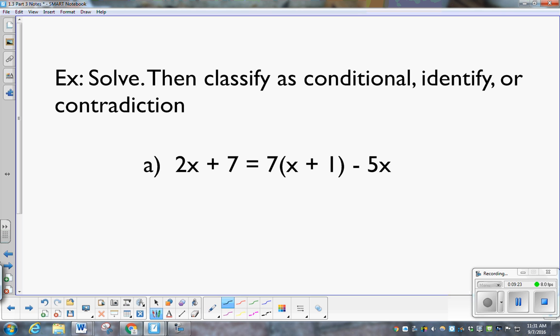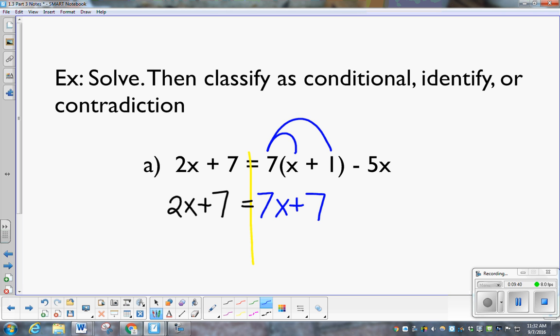So I'm going to leave the left side of my equation the same, 2x plus 7. On the other side, we're going to distribute. 7 times x is 7x, and 7 times 1 is 7. The minus 5x is just hanging out back here. He's not being distributed or anything.